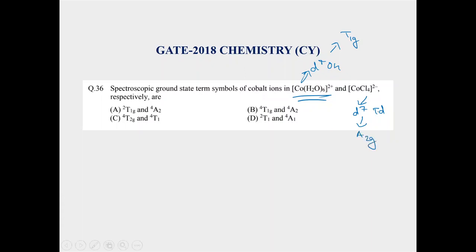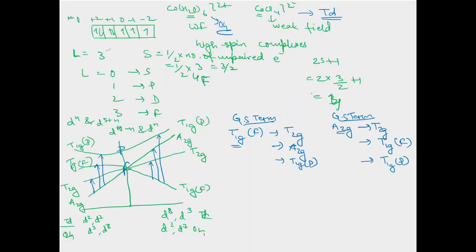Now the next thing is that here we can see that in two options, first of all, it will not be A2g, since it is tetrahedral, and tetrahedral complexes don't have a center of symmetry. They are not centrosymmetric. So in tetrahedral complexes, this g label will just get omitted.